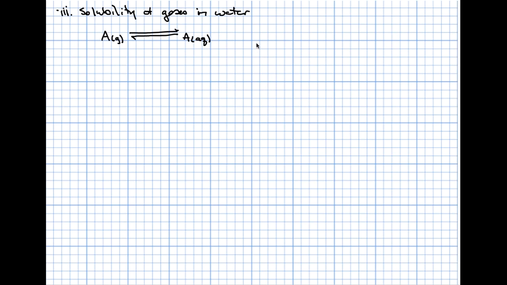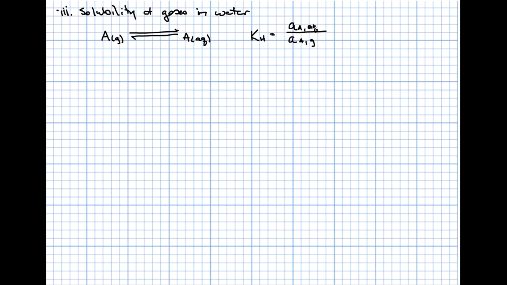And in this case, the solubility coefficient can be represented as the equilibrium of the species in the aqueous phase, the activity of that species in the aqueous phase divided by the activity of that species in the gas phase.